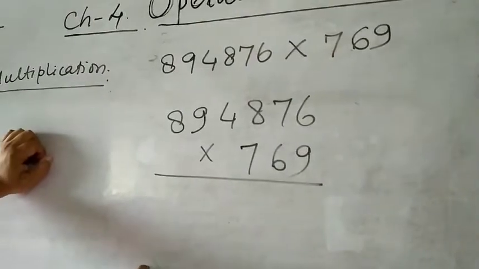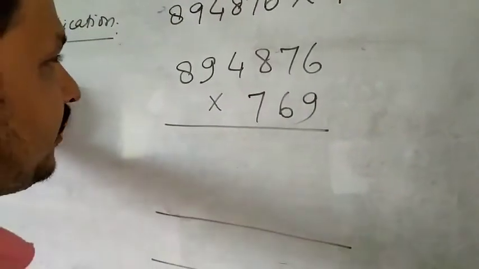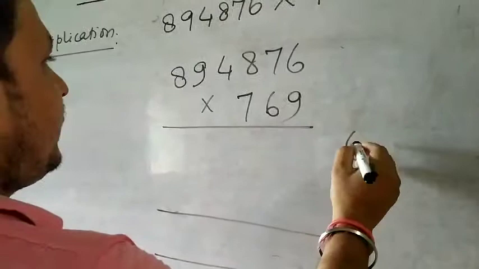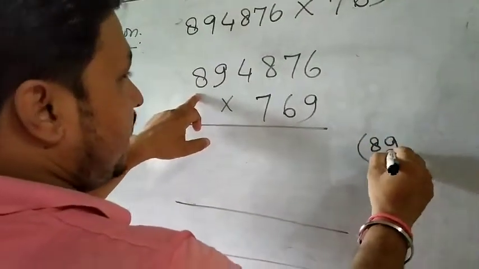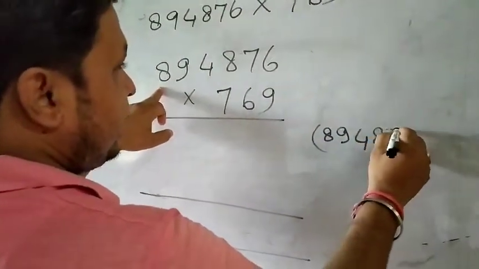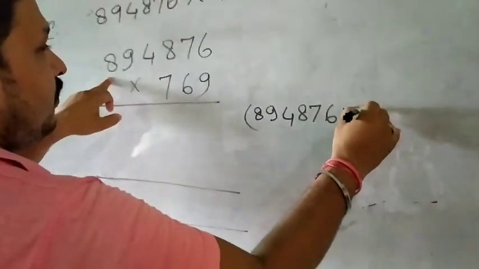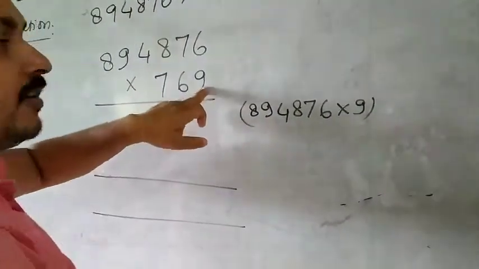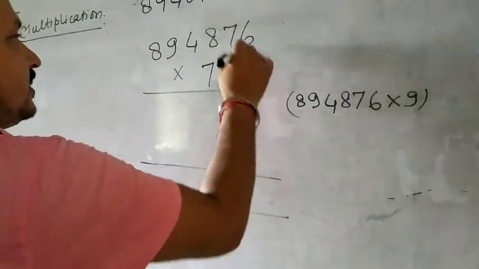So in this format, at first, we multiply 894876 into 9. This is the first term.